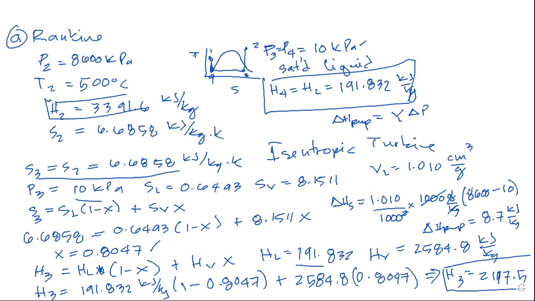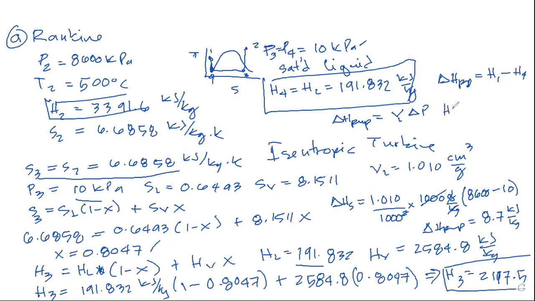Okay, so to find H1, the delta H pump in the Rankine cycle is just H1 minus H4. We already know the value of H4. So basically, just add the delta H pump to H4.